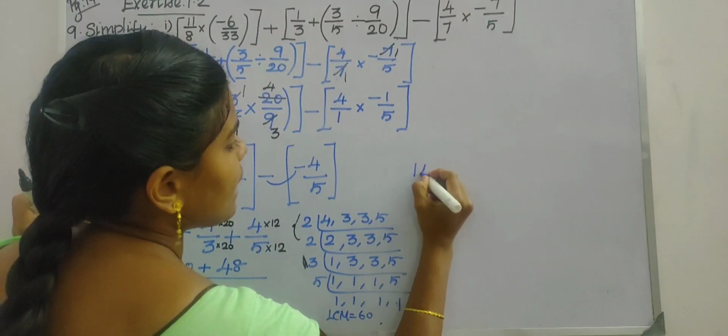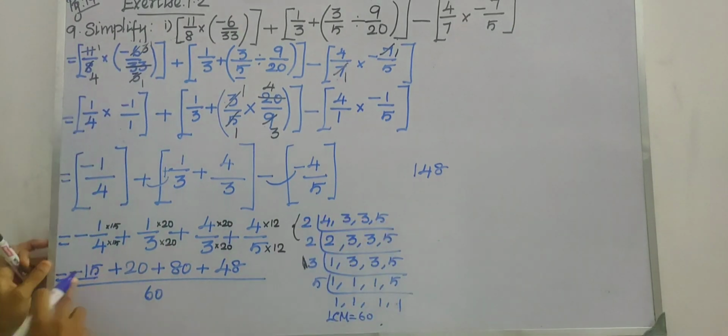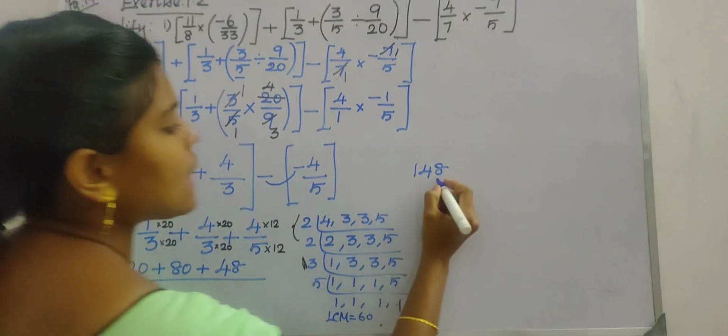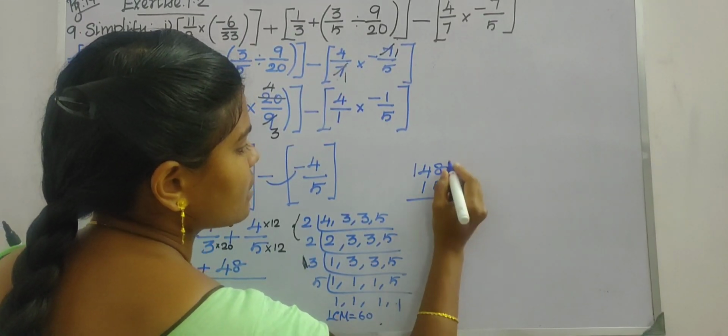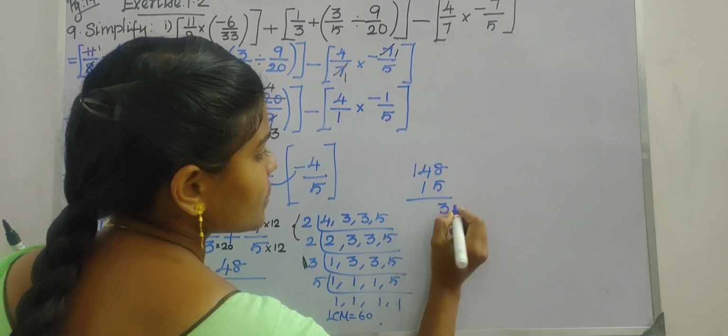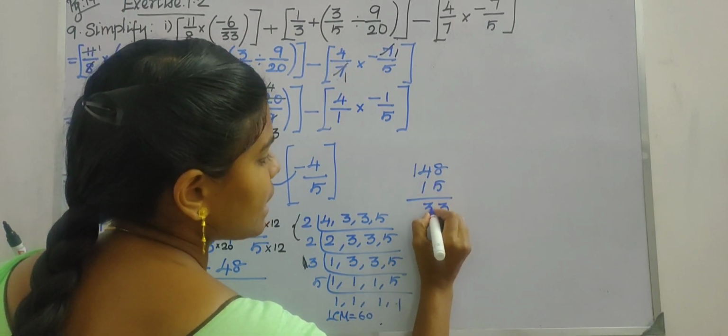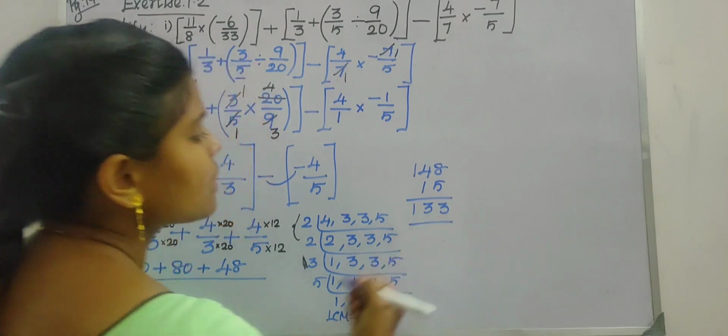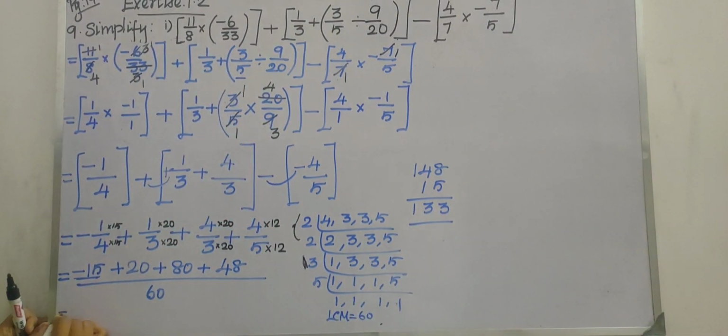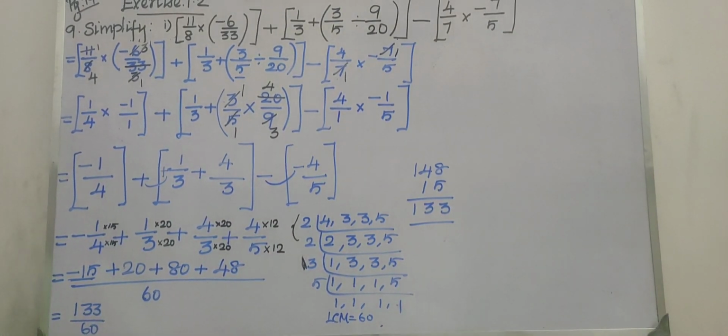Okay, 148 minus 15. Now subtract it. 148 minus 15. 4 minus 1, 3. Okay, and 1. So 133. So we got the answer as 133 upon 60. Okay, children.